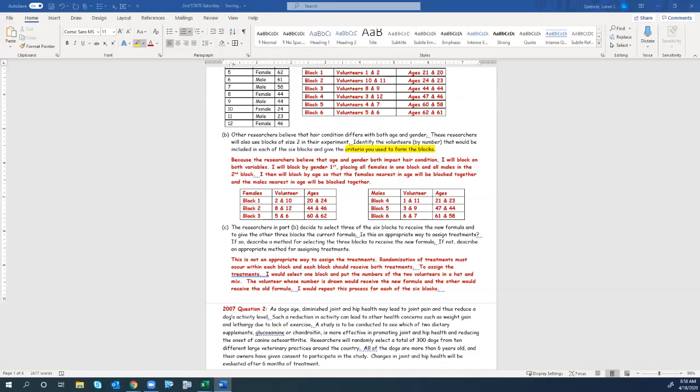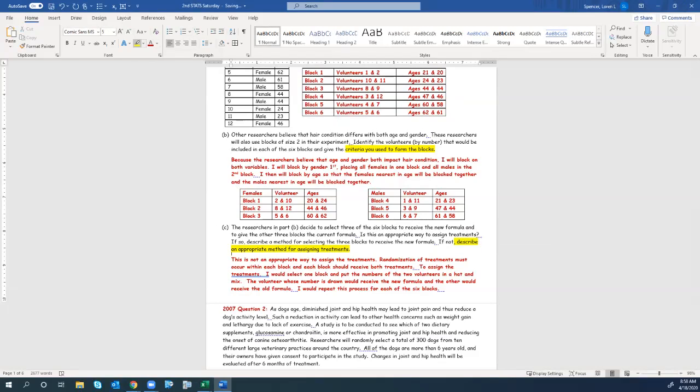You must say the randomization must occur within each block. But if you stopped there, you only got a partial. You had to go all the way through and answer the last part, which was to describe an appropriate method of assigning the treatments.